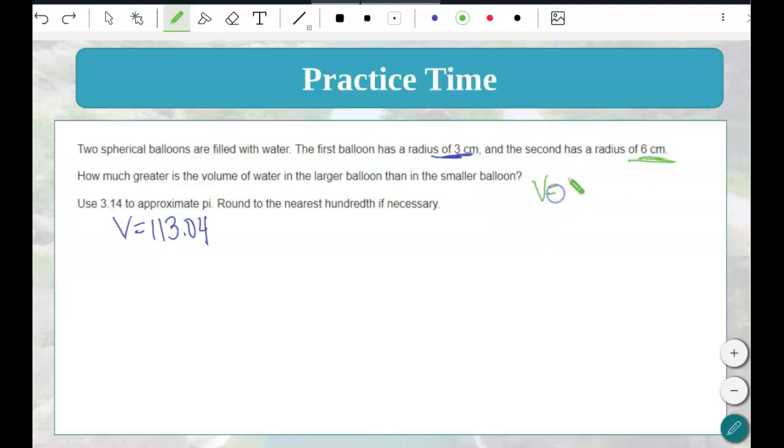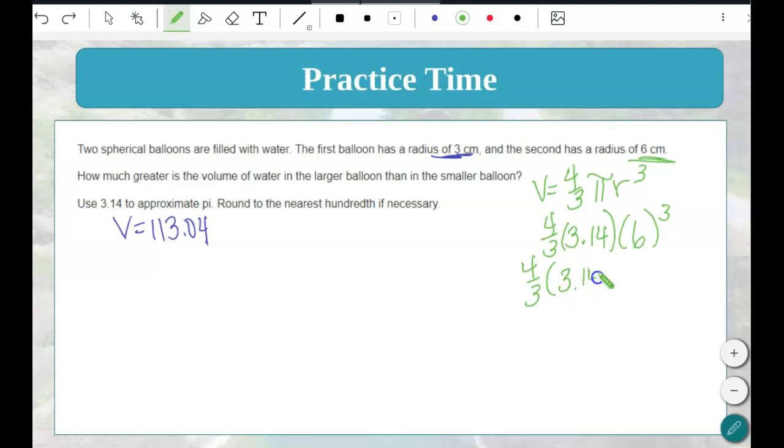So we're going to do our formula, 4/3 pi r cubed. We are using 3.14 for pi. Our radius is 6 and we have to cube it. Use your calculators and do 6 to the third power.